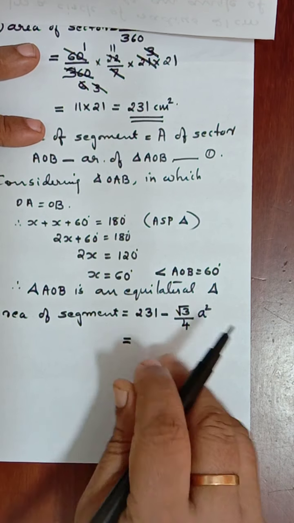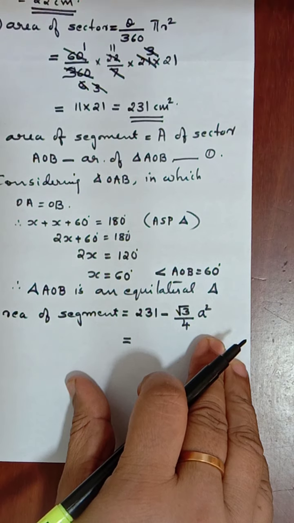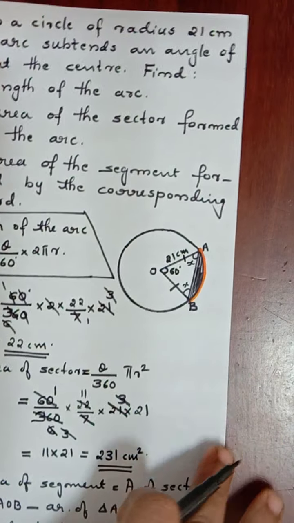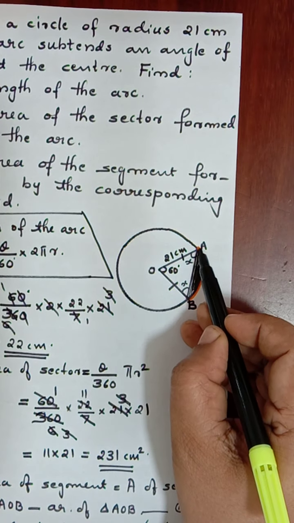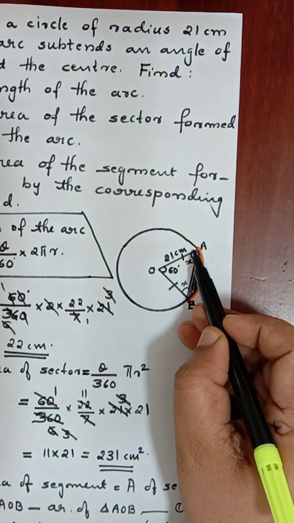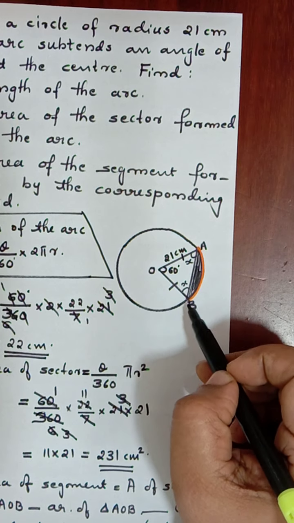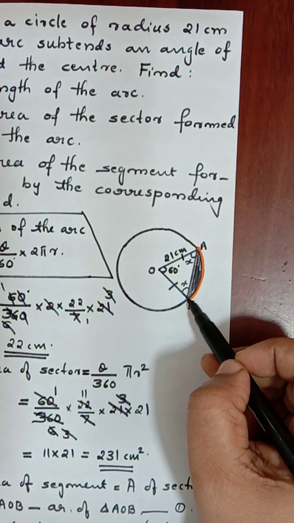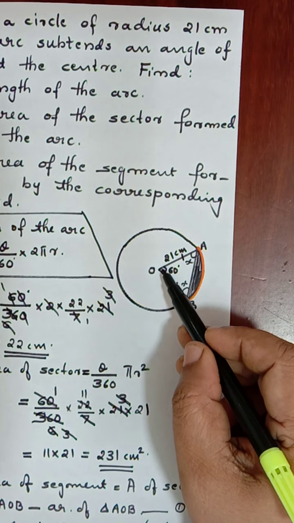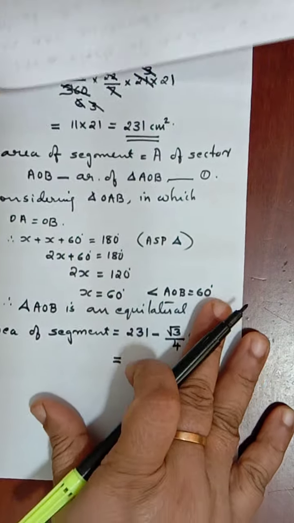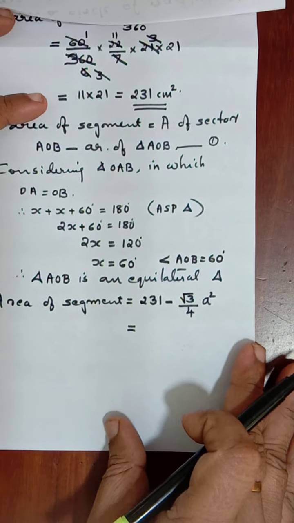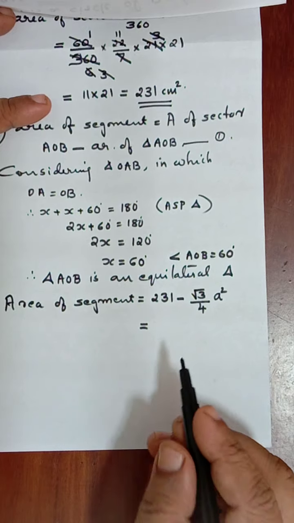What is meant by this a? It is the side of the equilateral triangle. Here the side is the same as 21 centimeter, the radius. OA equals OB equals AB for an equilateral triangle. So side is 21 centimeter, so instead of a we substitute 21.